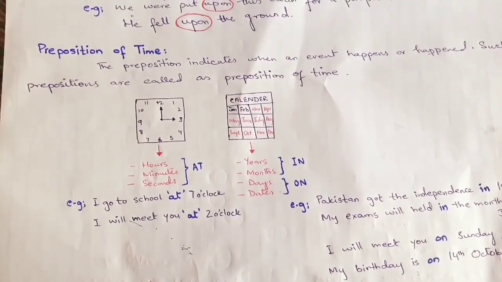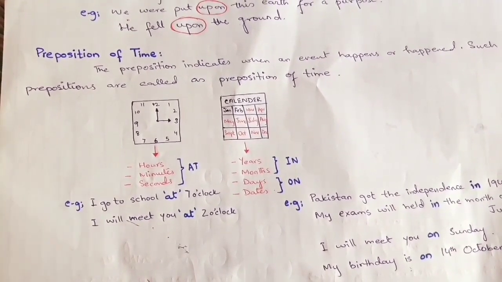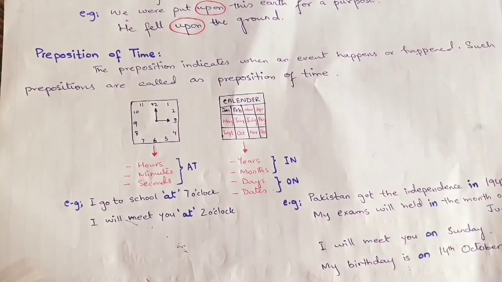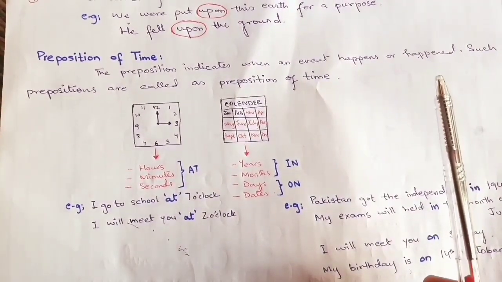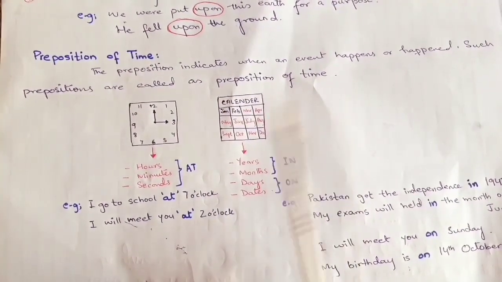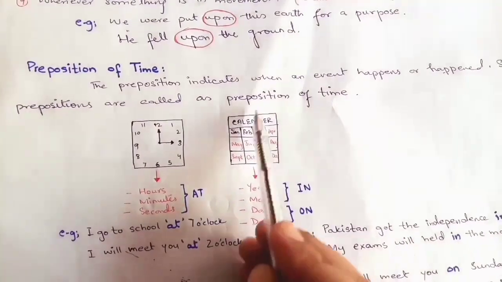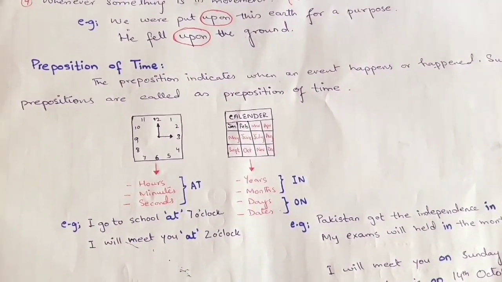Coming towards the second prepositional relationship, which is preposition of time. The preposition indicates when an event happens or happened. Such prepositions are called prepositions of time. It tells you when an event happens or happened.